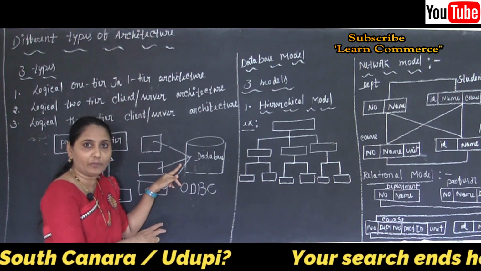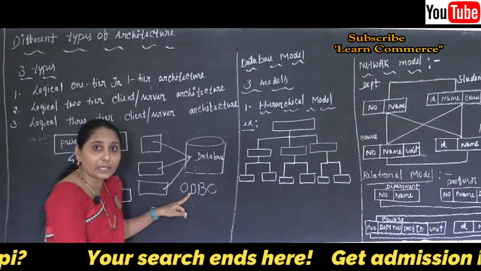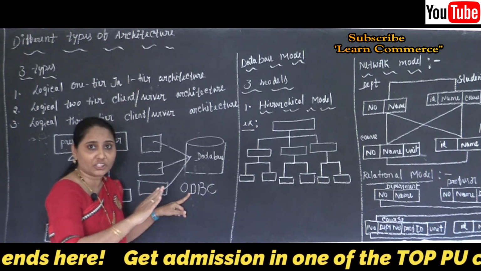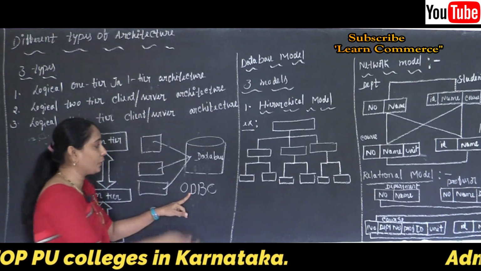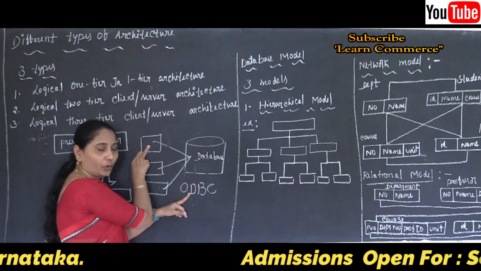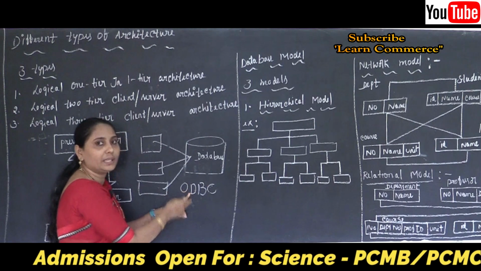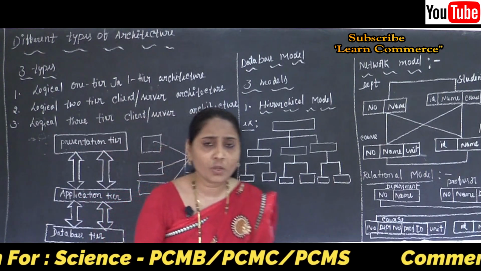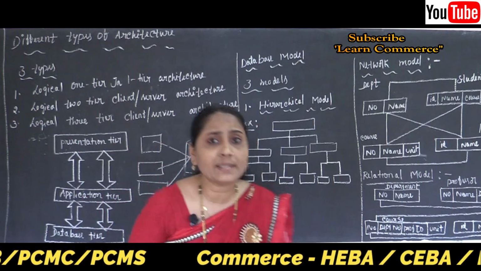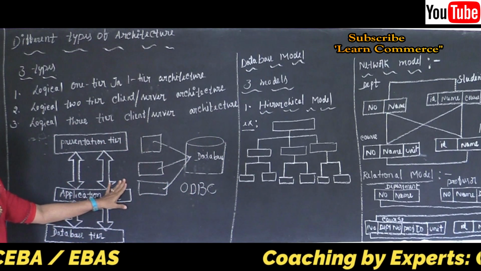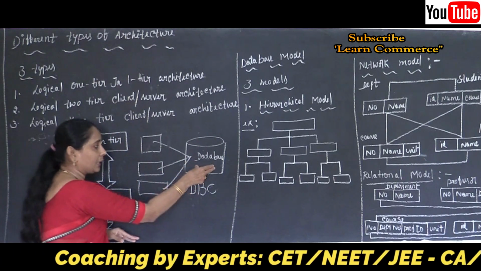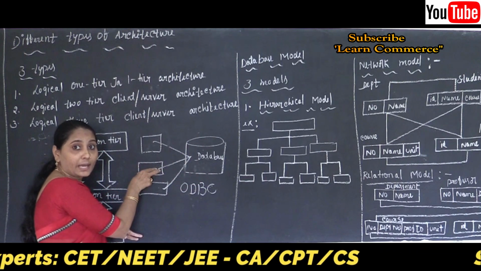The name of the driver is called the interface. Interface means the connection. Such a connection makes it possible to access any data from the database to the client program by using the interface. The interface is called the ODBC, Open Database Connectivity. So this one is called the two-tier client server architecture. One is the database, the second one is the client side computer.